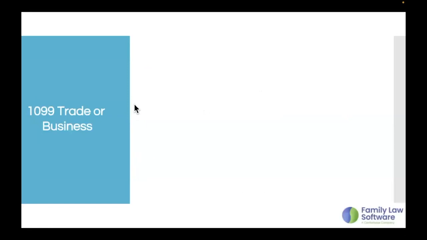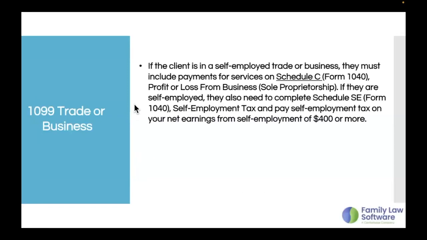So the first data entry point that we did was assuming, again, your client works for government contracts, they receive a 1099, they have no expenses, that's the end of the story. It's very tempting for novice users or new users to say, well, my client is 1099, and so all I'm going to do is reduce their 1099 by their expenses and put that into family law software.